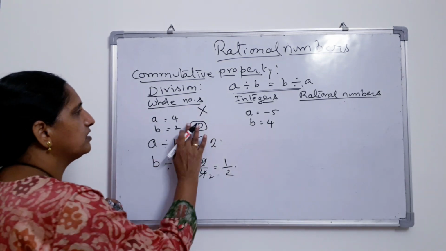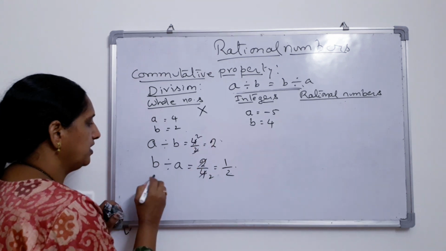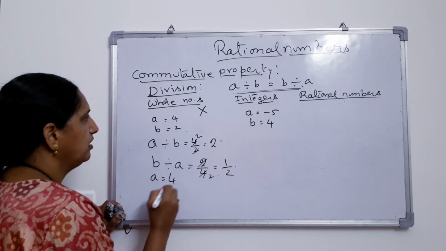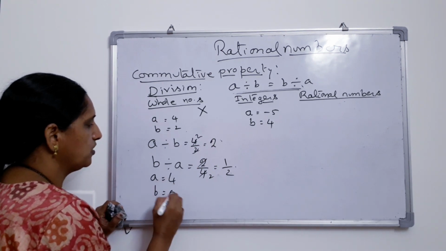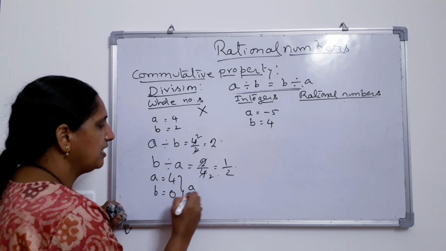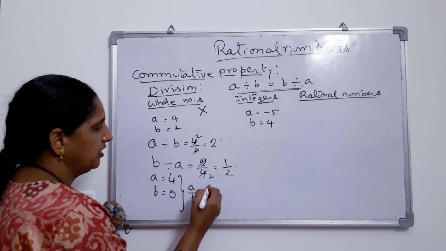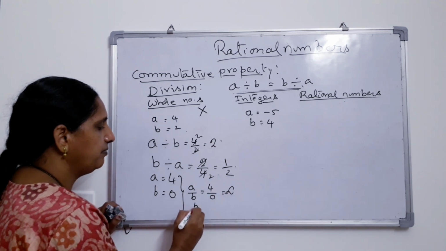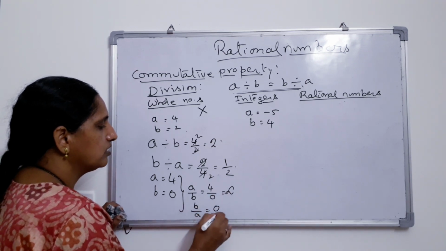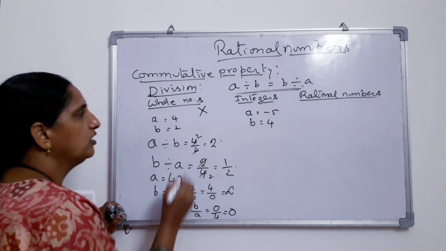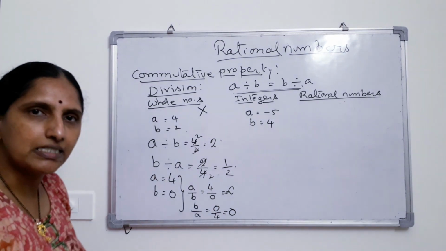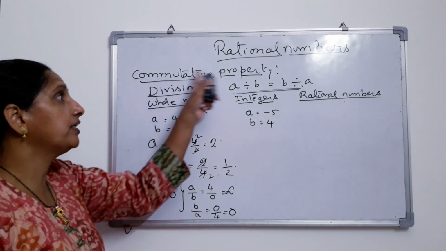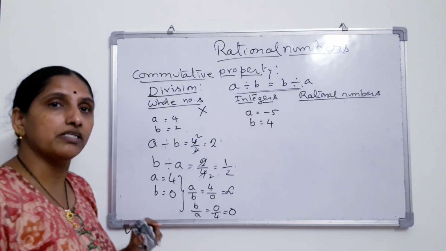Now let us take the same, with A is equal to 4 and B is equal to 0. For this case, A by B is 4 by 0 is equal to infinity and B by A is 0 by 4 is equal to 0. So therefore, it is not obeying the commutative property under division.